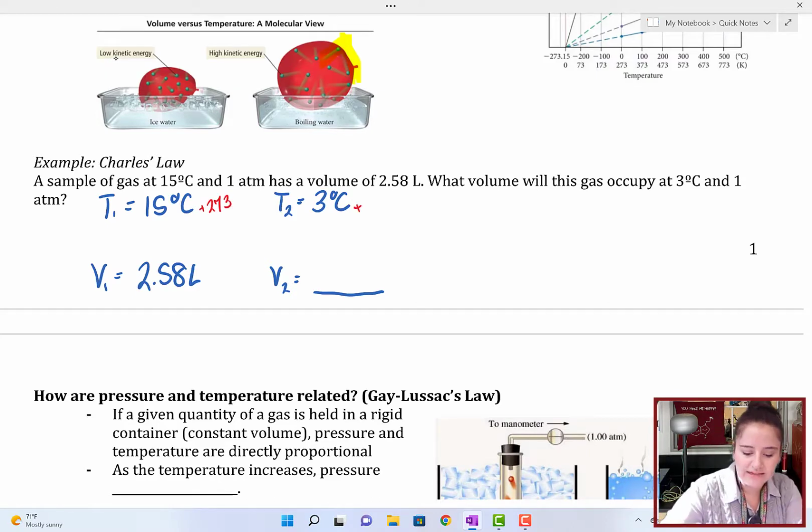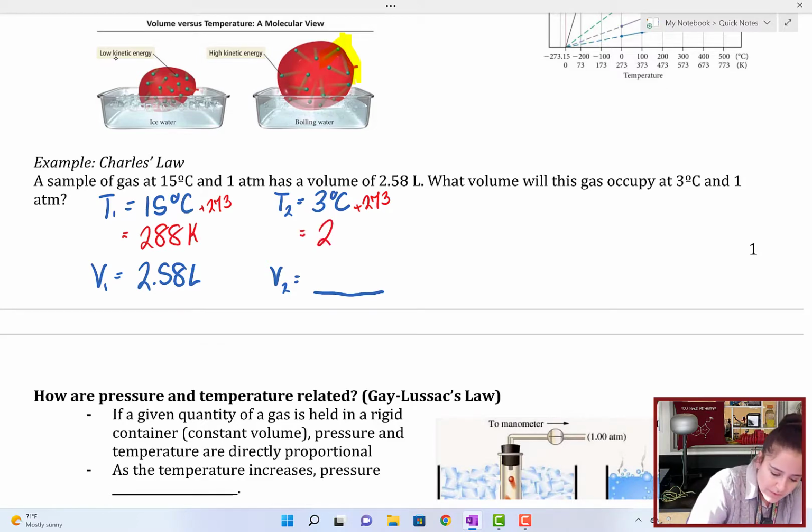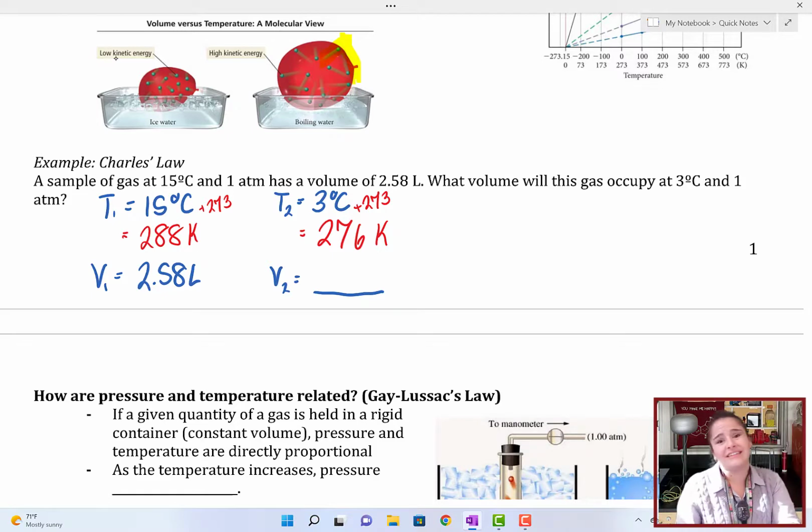But if we convert to Kelvin, and we convert to Kelvin by adding 273, we can see that in an absolute temperature scale, the temperature definitely did not become 1/5 of what it was. Okay, so it just decreased by a bit. So we expect the volume to decrease by a bit.